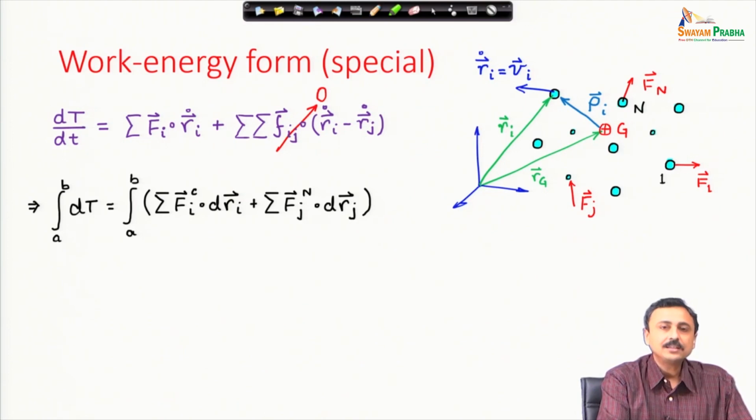This F_i superscript c represents conservative forces and F_j superscript n represents non-conservative forces. Now, different particles might be under conservative or non-conservative forces, that is why I have indicated by two indices i and j.